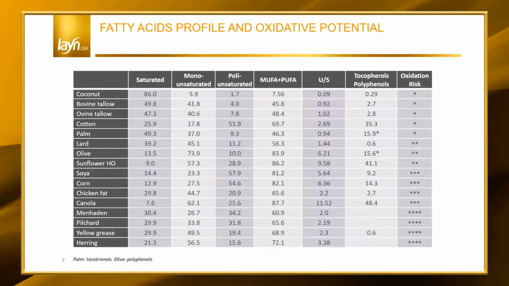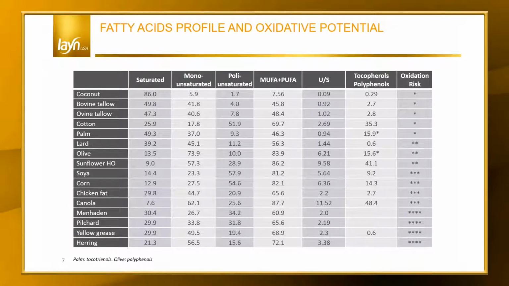indicators of potential oxidation. The presence of tocopherols and tocotrienols in palm oil, the presence of polyphenols like in olive oil, would rate those fatty acids' oxidative potentials as seen in the last column on that table.